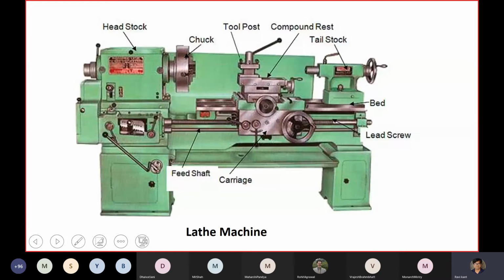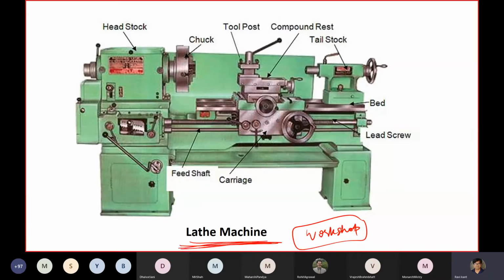So let me talk briefly about the main components of a typical lathe machine. Obviously we cannot show you our workshop. In the workshop we have all sorts of machining machines. One of its kind is a lathe machine, and the size of this is pretty big.